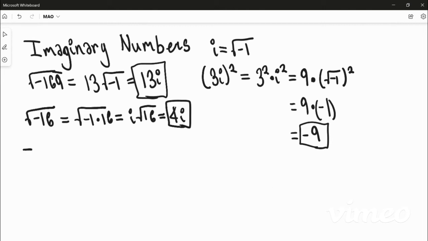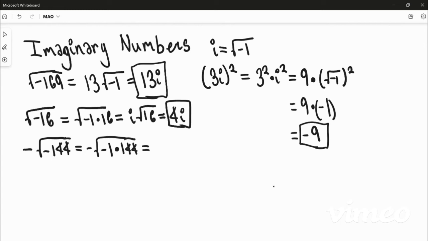What if the negative is outside and inside of the square root? Do they cancel out and make positive? No, because you have the square root in the way, so all this outside negative does is make the given answer negative. So you keep that negative on the outside. Negative square root of negative 144 is the negative square root of negative 1 times 144.